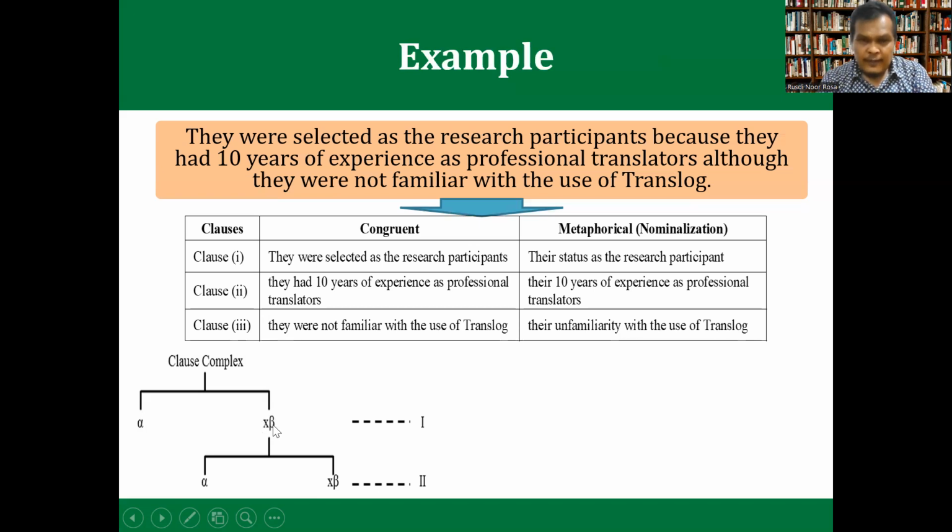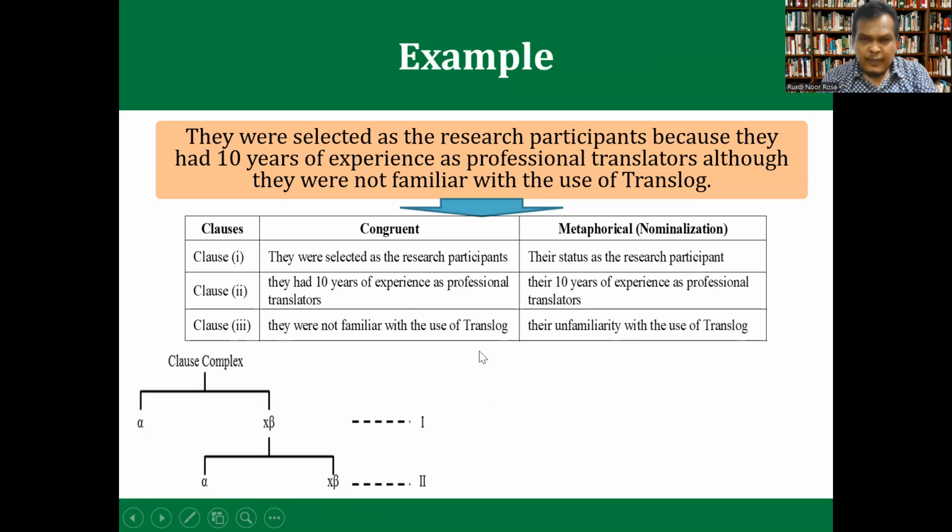So when we use the multiple mark, we call this extension. And that also happens in the next clause. We also have alpha, which is extended by beta.